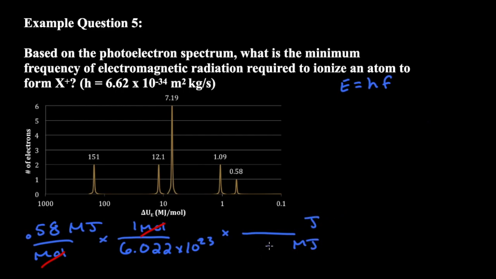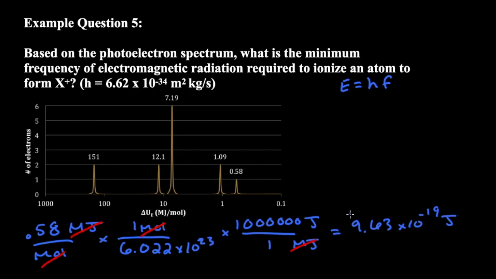For every one megajoule, we get 1 and then 6 zeros, 1, 2, 3, 4, 5, 6 joules. The megajoules cancel out, and we'll be left with joules. When we do this calculation, this is going to be equal to 9.63 times 10 to the negative 19 joules.